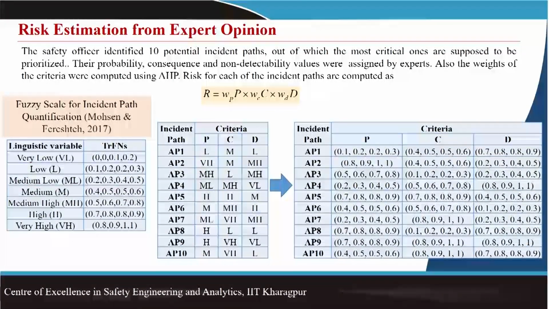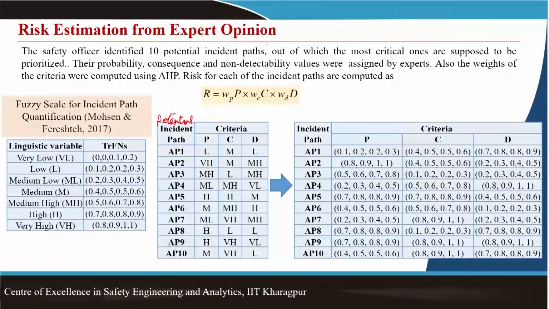How do you rank this? So, fine, let there be 10 accident paths, or I will be happy to use the term potential incident path, because I have told you earlier, potential incident path.